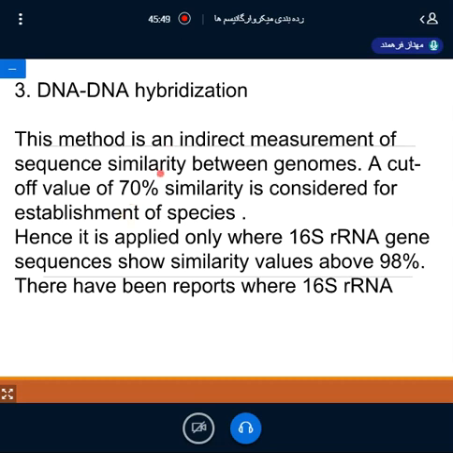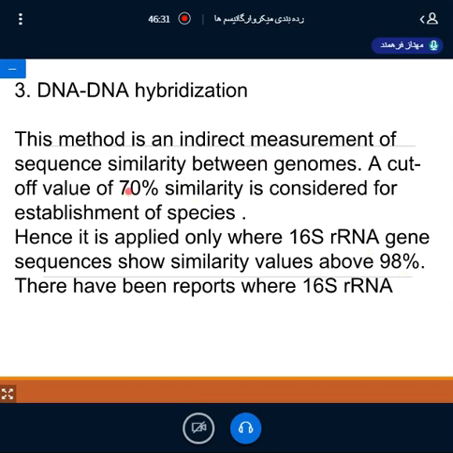Okay, and please note, this was a question in the final exam, the previous term. The percentage of hybridization upper than 70% is equal to 98% similarity in 16S rRNA gene sequencing. So in this technique, the similarity must be upper than 98% for diagnosing the same species, but in this method, the similarity must be upper than 70%.